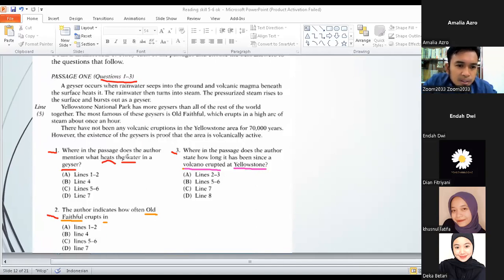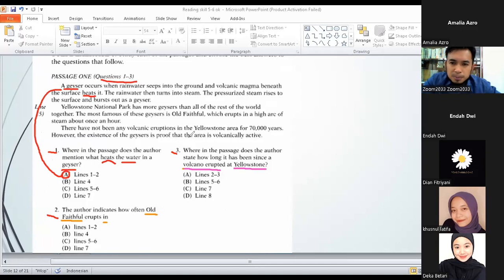Hits the water in the geyser. Now we have the clue: hits the water in the geyser. So we have geyser and also we have hits. Of course, the answer is alpha.